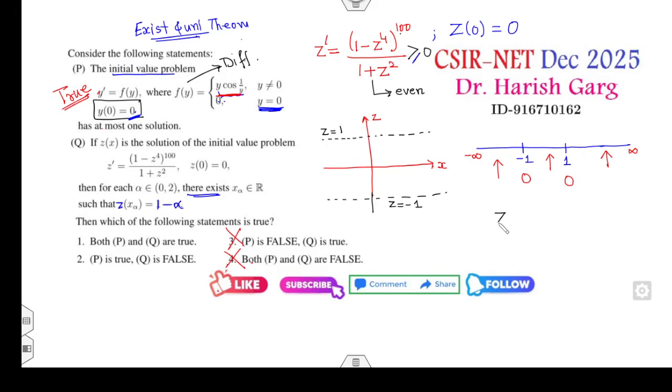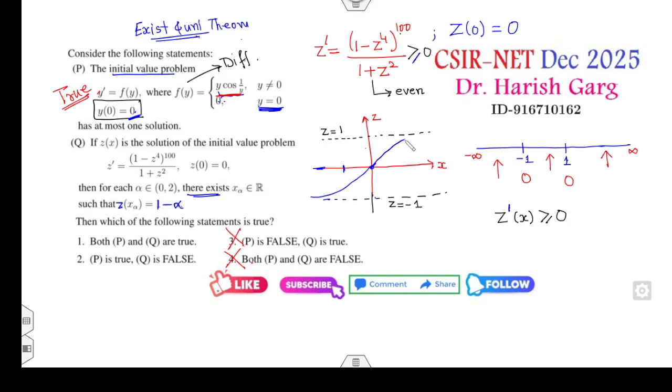So when z dash is greater than 0, z dash with respect to x is greater than 0, so whenever you increase the value of x, the function is increasing. And whenever value from minus infinity to -1, the function is increasing, fine, and it is a 0. And whenever from -1 to 1, this is my -1, fine, -1 to 1 is again increasing.